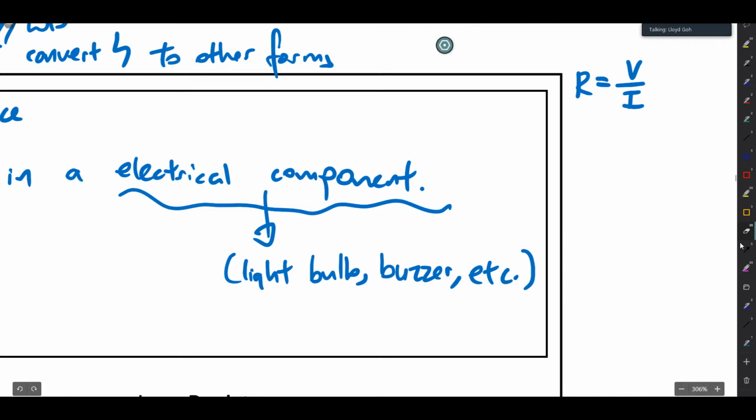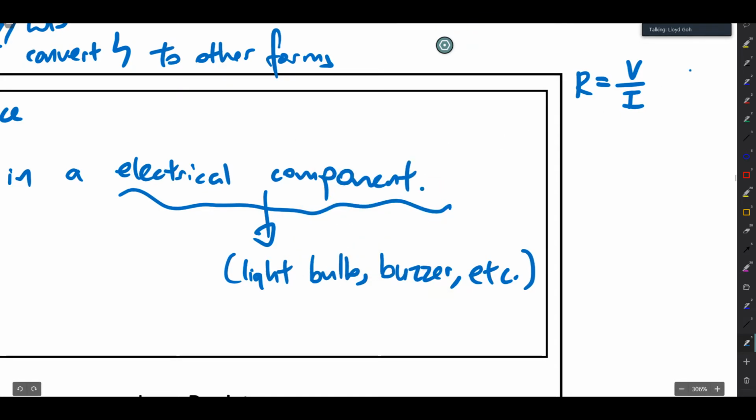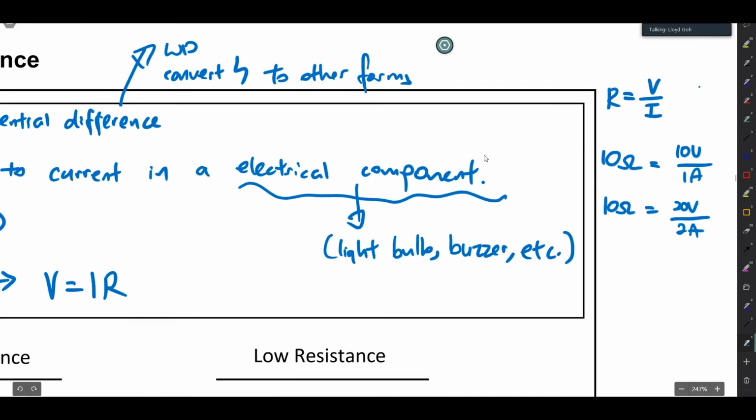If I keep my resistance constant, let's say I have a 10 ohm resistor, and for one circuit I use a 10 volt battery, over here I have 1 ampere. However, if I use a 20 volt battery, I'll have 2 ampere. My current will increase when my voltage increases for a constant resistor.